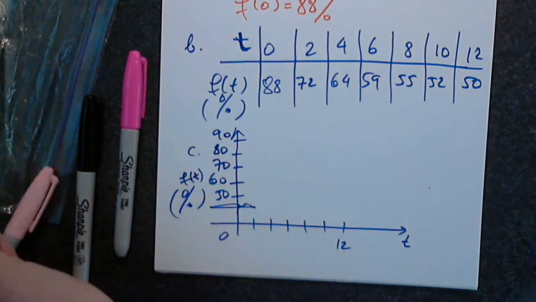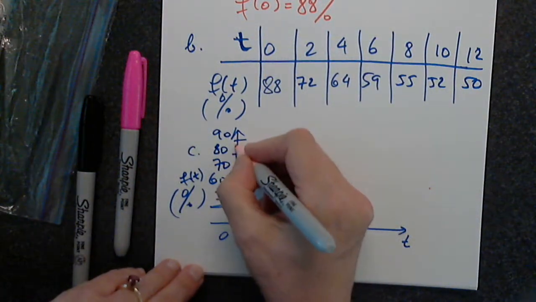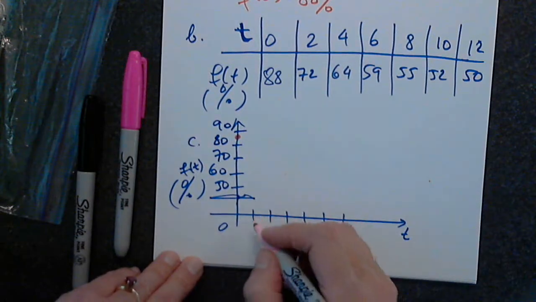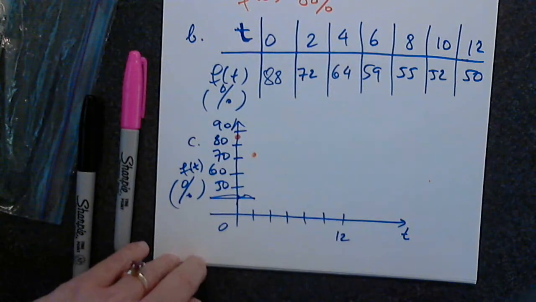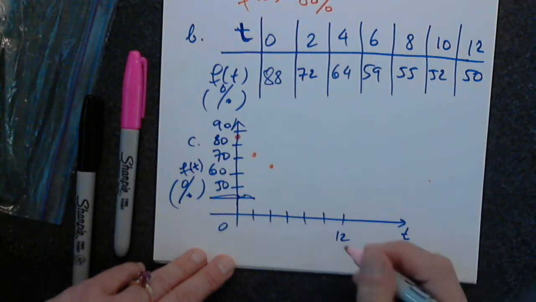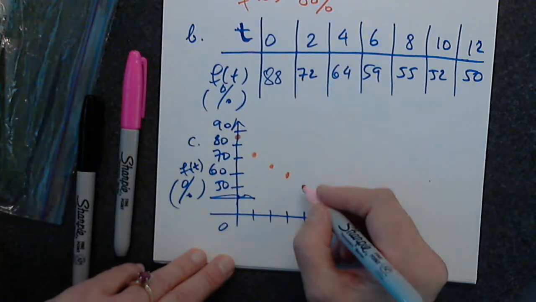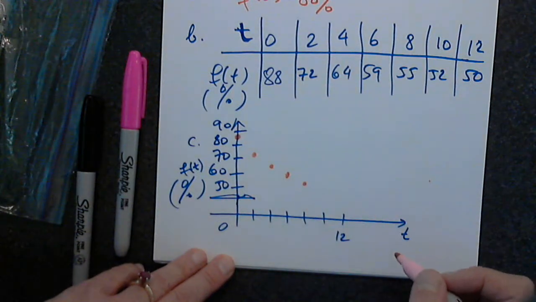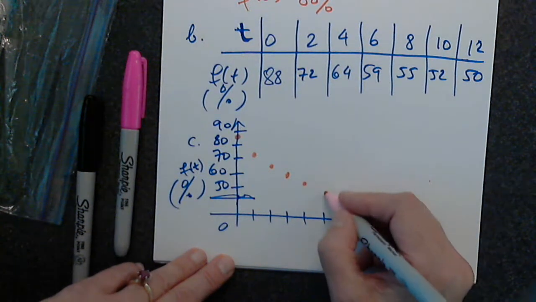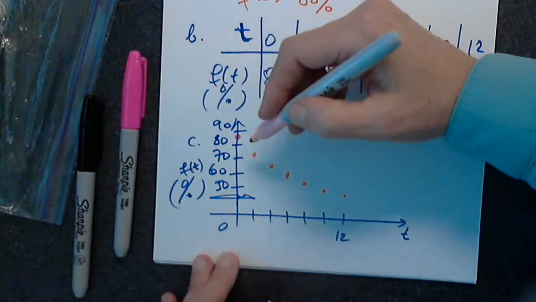So let's graph 0, 88, 2, 72, 4, 64, 6, 59, 8, 55, 10, 52, and then 50. So here's the graph.